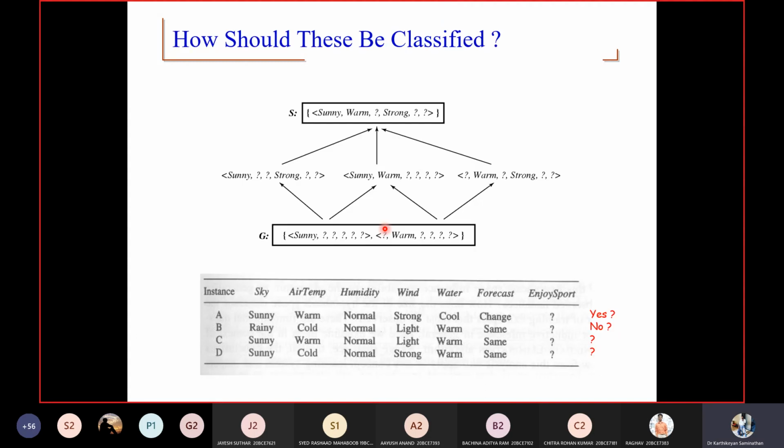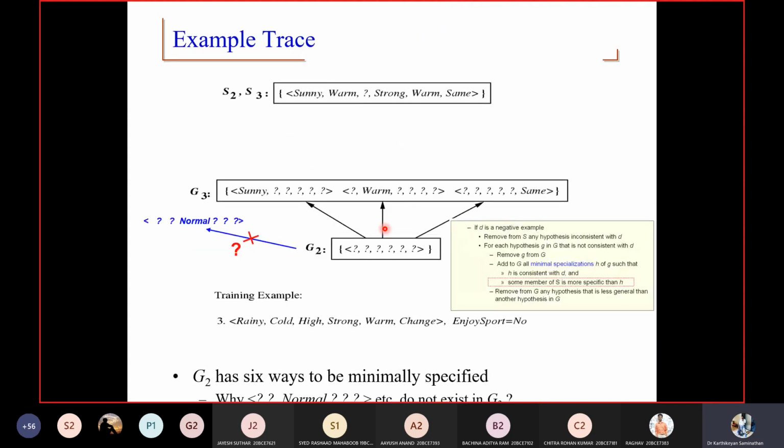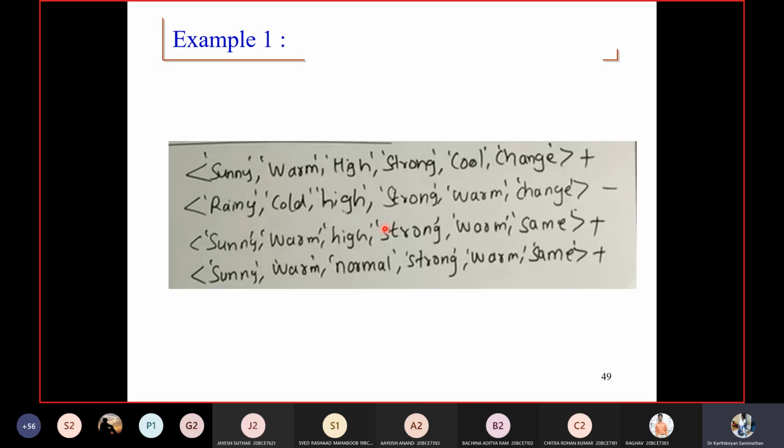Now take this as an example and try to find the Find-S algorithm answer for this example for tomorrow's class. Take a screenshot of it and tell me the answer tomorrow. For CAT 1, you will get one question from the Find-S algorithm and one from the candidate elimination algorithm.